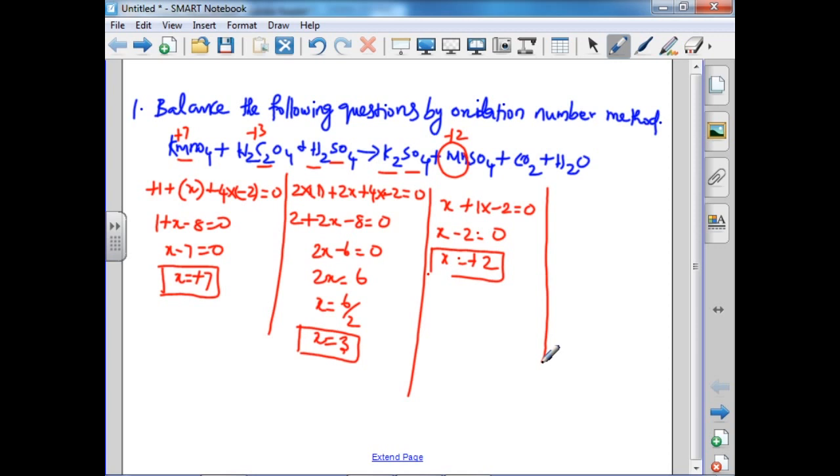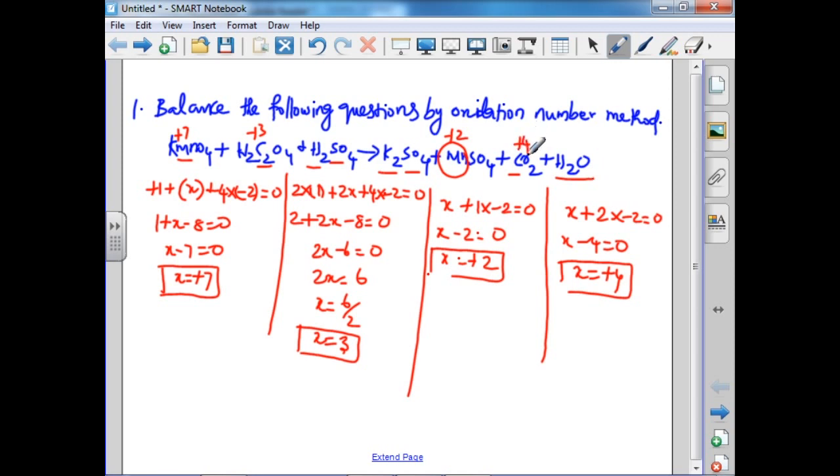The next one is the oxidation number of carbon in CO2. C as X plus oxygen -2, 2 atoms, 2 into -2, neutral molecule, 0. X - 4 = 0, X = +4. There is no change in the oxidation number of hydrogen and oxygen.